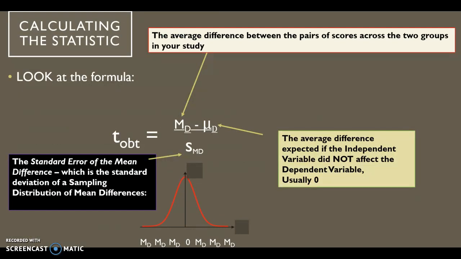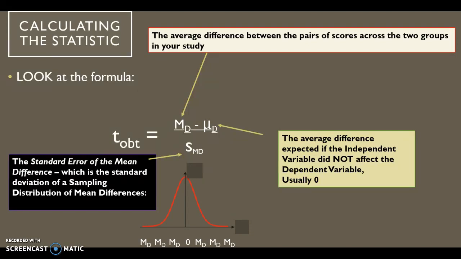It's a ratio. It doesn't look any different than the T's that we have been calculating. There's our value that we got from our experiment compared to the value in the null over a standard error of the mean difference. Standard error of the mean difference is a standard deviation of a sampling distribution of mean differences around an average of 0.